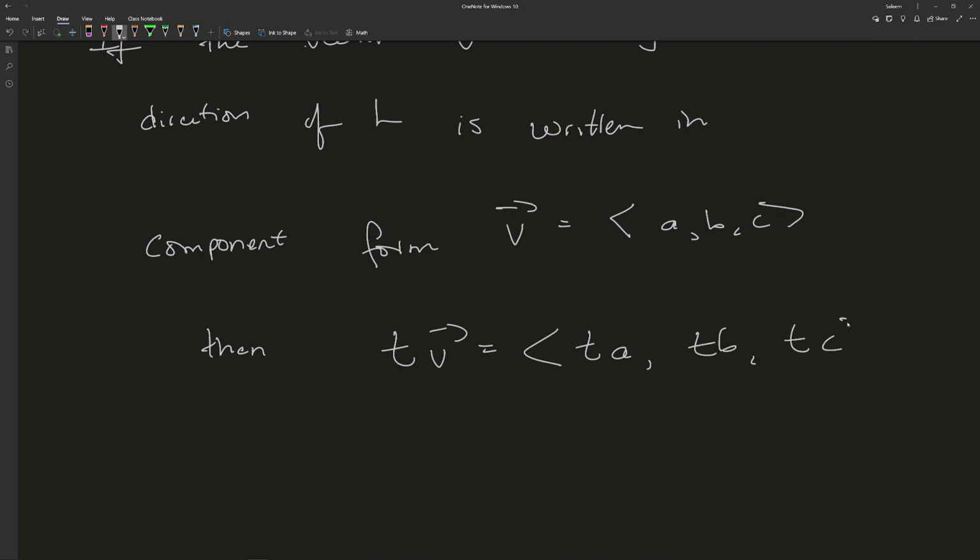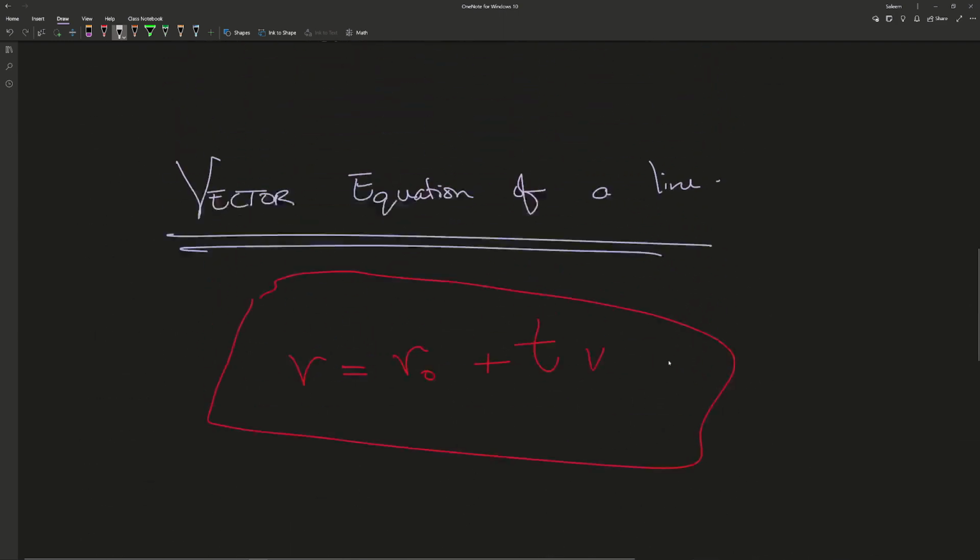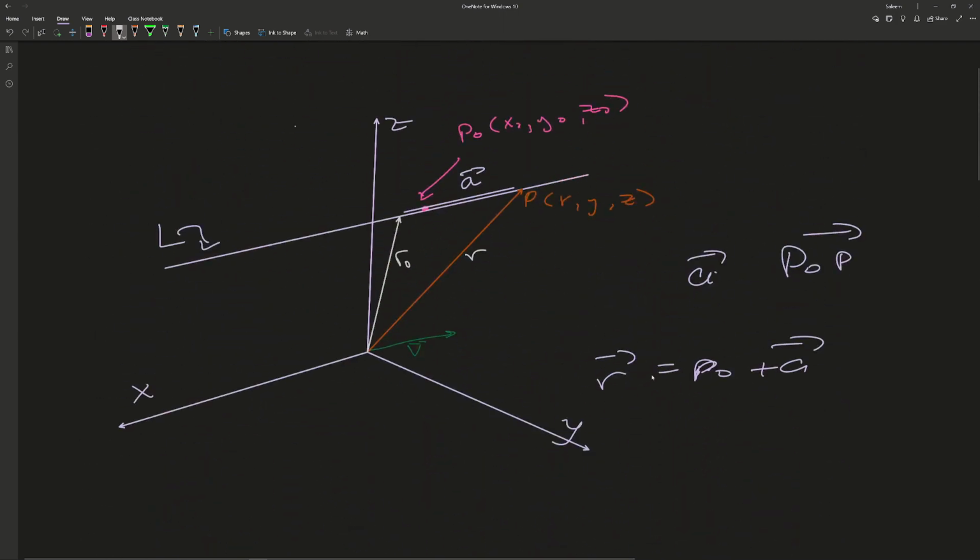So therefore, this means that r, let's go back up to my diagram, r here is this coordinate xyz. So what is r0? r0 is just like p0 here, where you have x0, y0, z0.